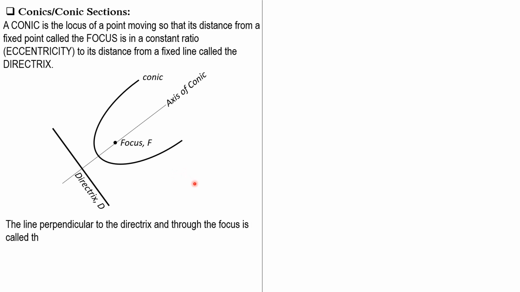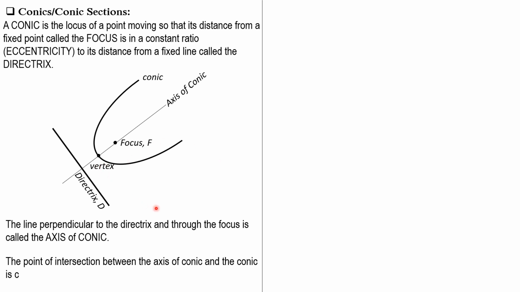So the line perpendicular to the directrix and through the focus is called the axis of the conic. The point of intersection between the axis of the conic and the conic is called its vertex, as shown in the figure. So that's the vertex.